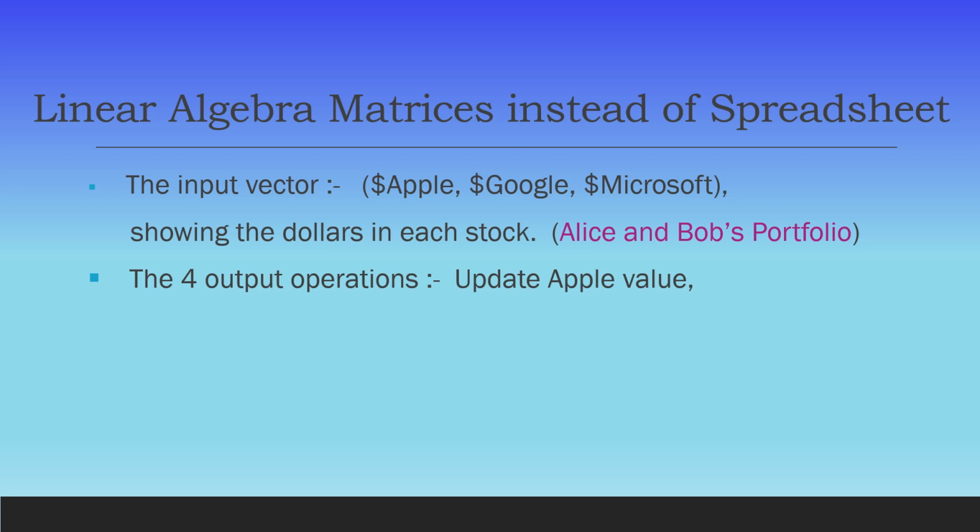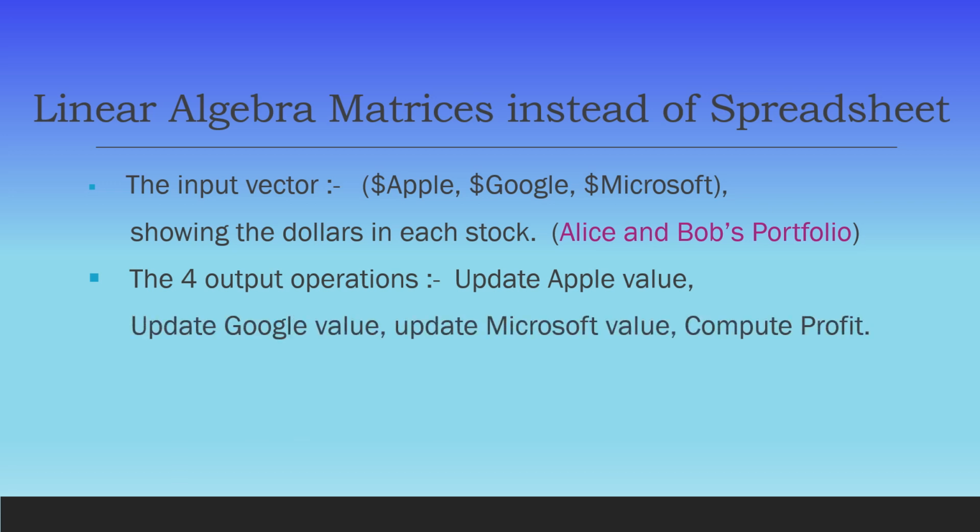That is, let us take the updated Apple value due to that event, whichever event it is, an updated Google value, and an updated Microsoft value. Apart from these three, we also should have a relation connecting the values, the current event, and the profit. If we are interested in finding the profit and loss, we should know a relation connecting this.